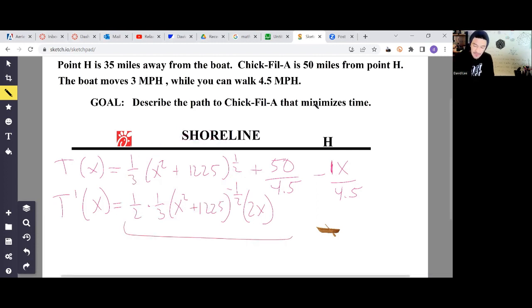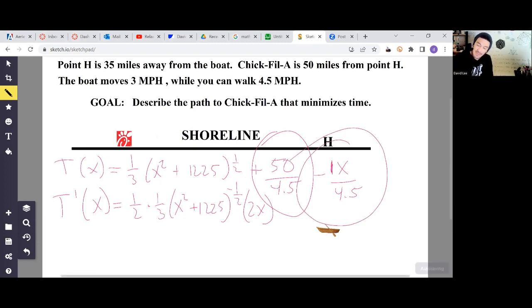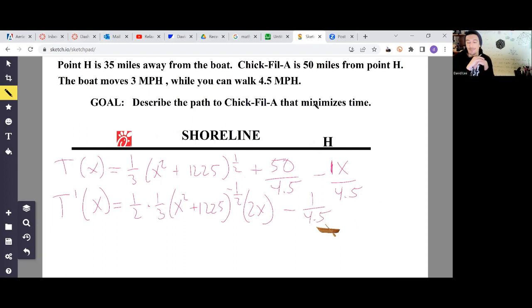So this is the derivative of the first part. What about the derivative of that? The derivative of that is 0 because that's just a number. And then the derivative here would just be the coefficient of x. So we're looking at minus 1 over 4.5.